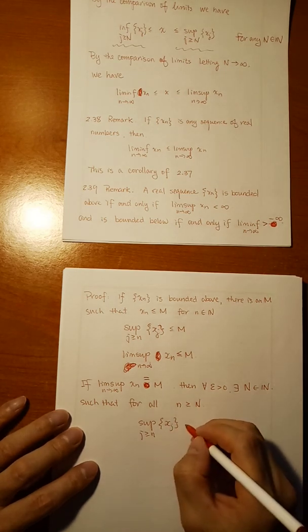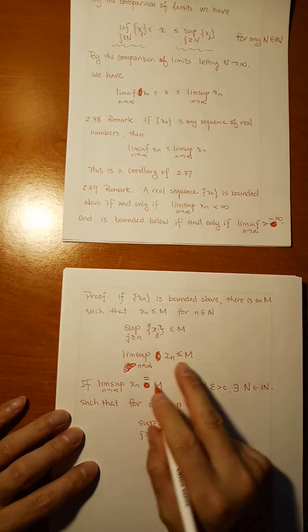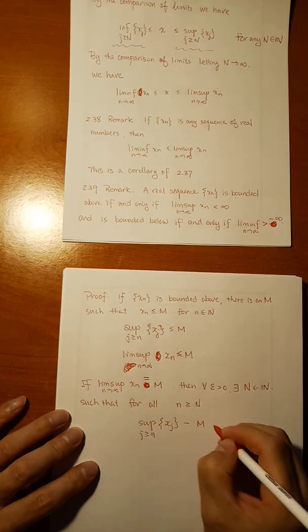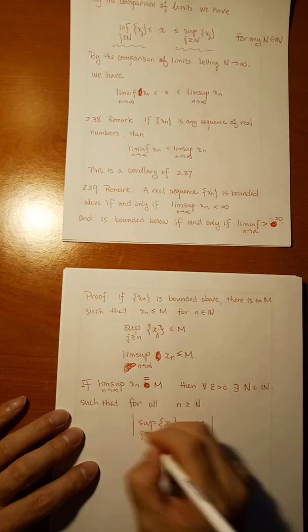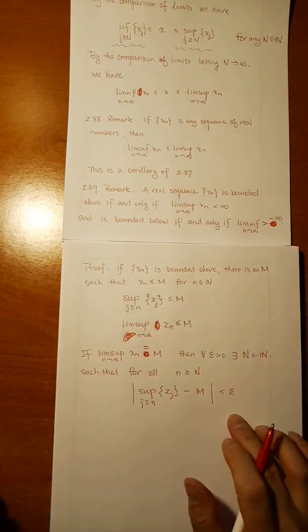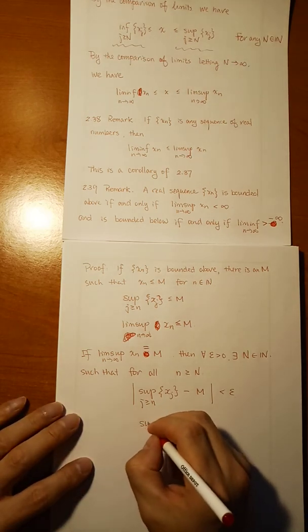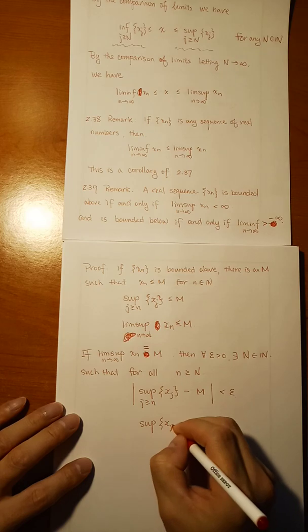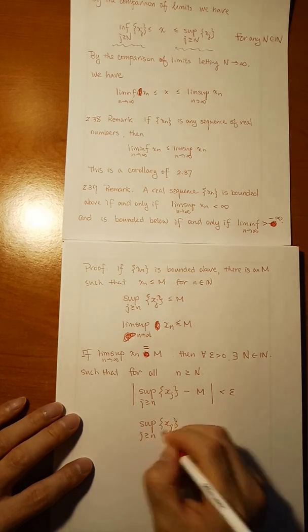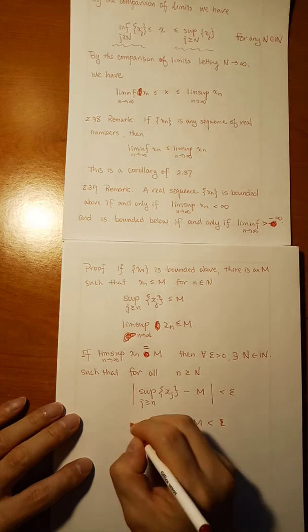minus the limit, we call it m, is bounded by epsilon. That's the definition of the limit. To write it, the supremum of xj, j greater than or equal to n, minus m is bounded by epsilon and negative epsilon.